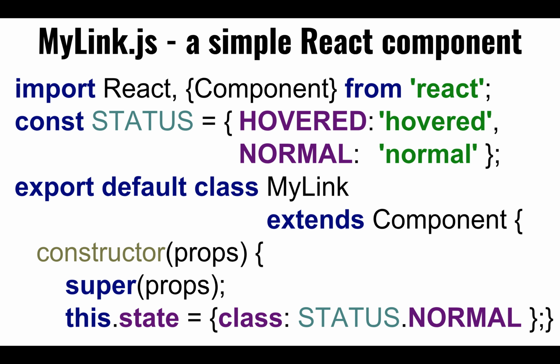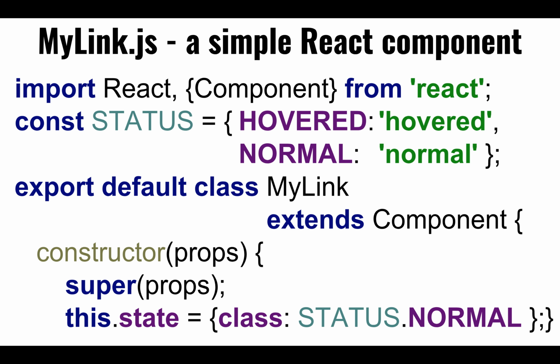We're establishing a state where we keep track of whether we are hovering over the hyperlink or not. If we hover over the hyperlink, we're going to change its class to hovered. If the mouse leaves, it's going to change back to normal. Very simple.